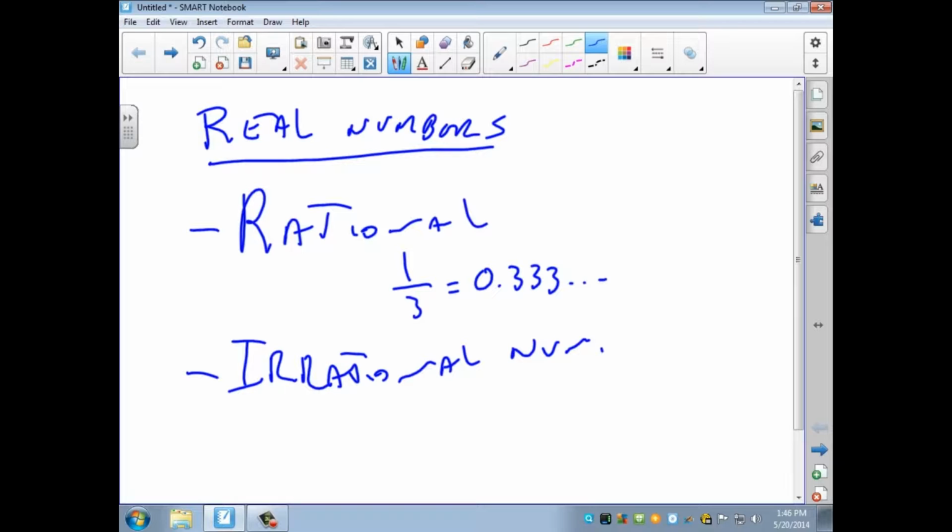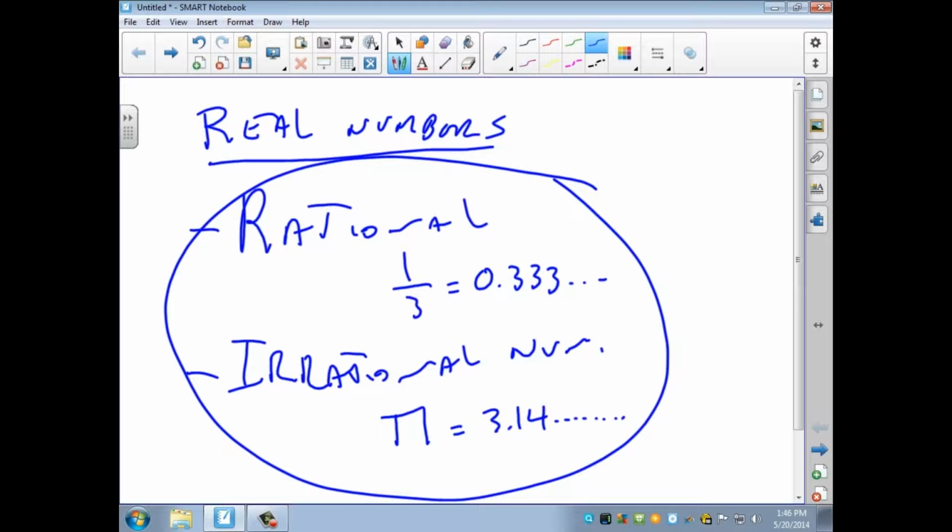So for example, the value of pi, which is equal to 3.14, and then the number continues. I don't know, 20,000, or it just continues in the digits, and so that would be an irrational number. The total of all rational numbers and irrational numbers are called real numbers.